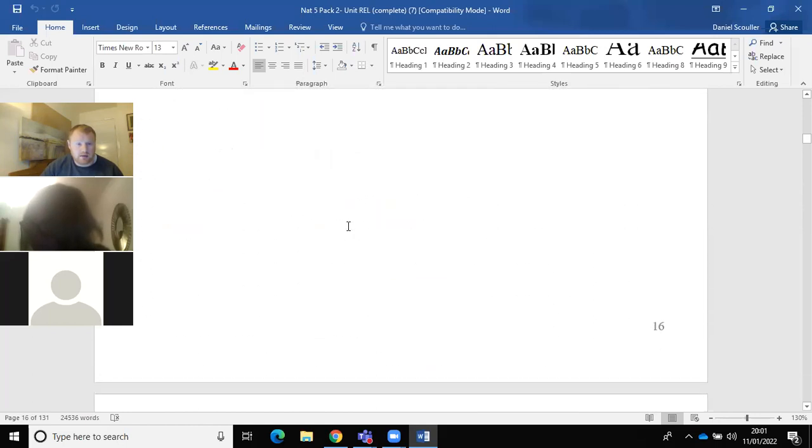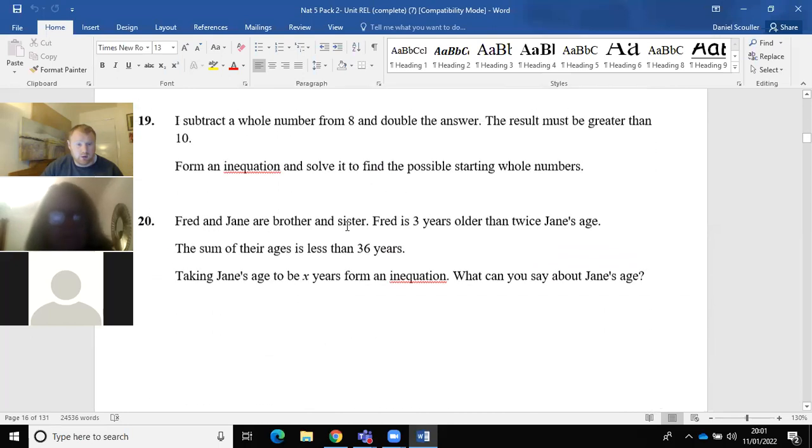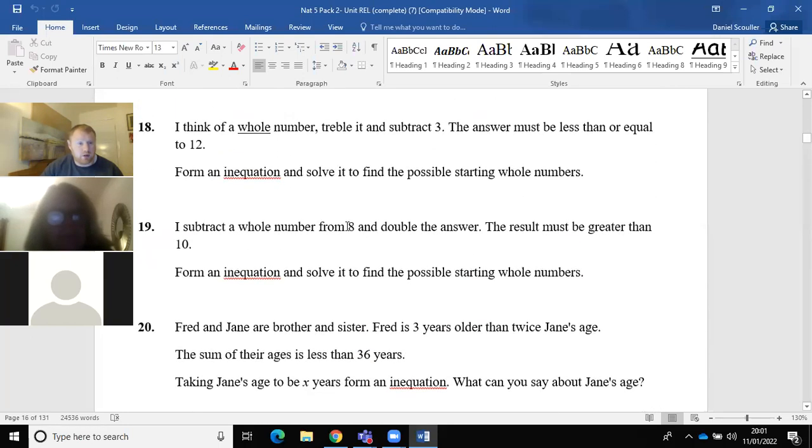Question 18, 19 and 20. We'll go over things like this on Thursday. It's when they start putting a wee story behind it and you need to extract the data and put it in an equation form. So don't worry about this tonight or the next couple of days. We'll look at that more on Thursday, because they do that a lot with simultaneous equations.